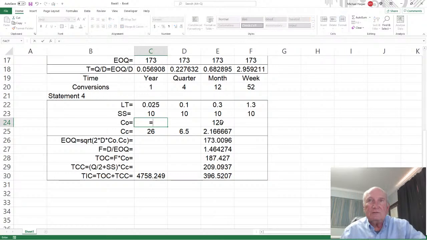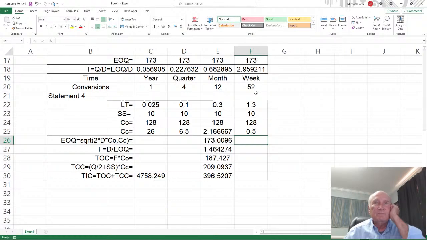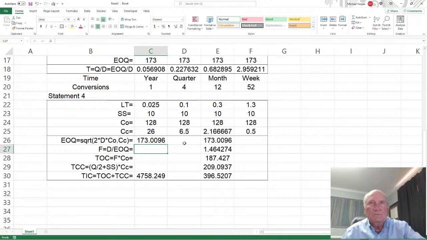And also the ordering cost is the same. But then this is going to equal 26 divided by 52. Okay, 0.5. The carrying cost. Okay. EOQ is the same. That's not going to change.